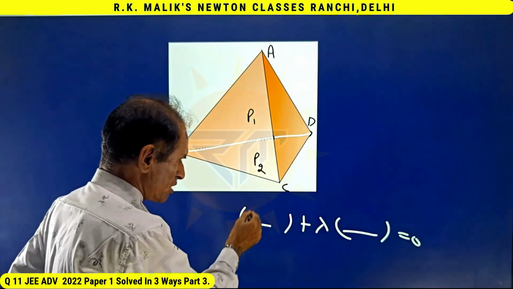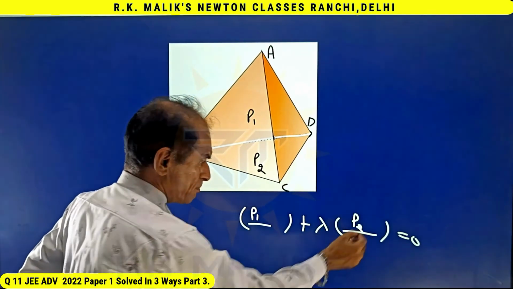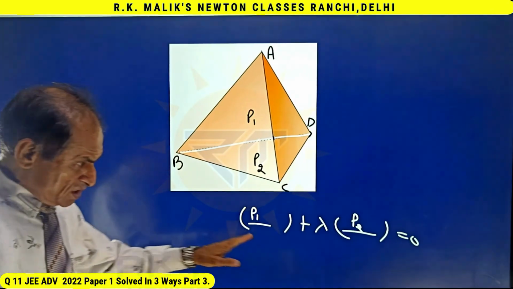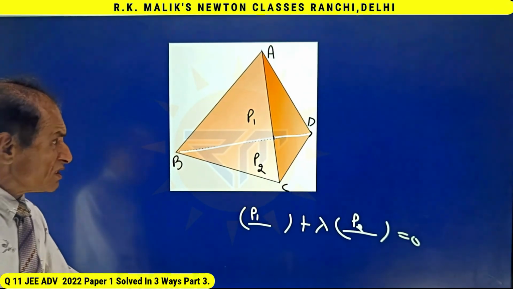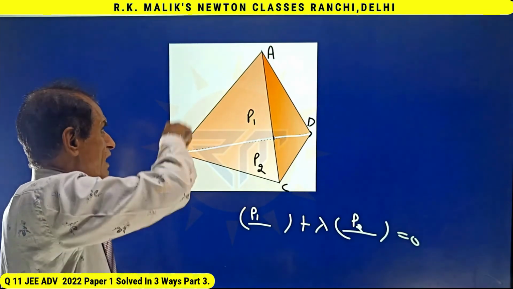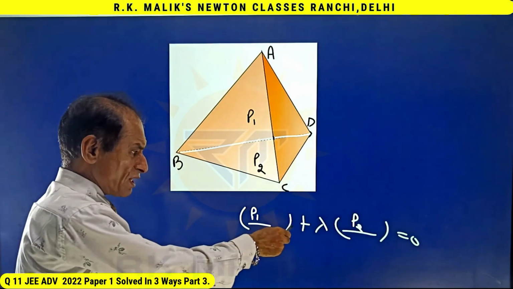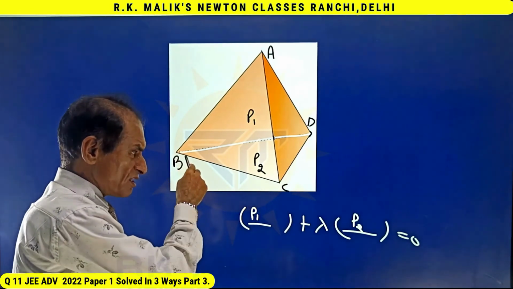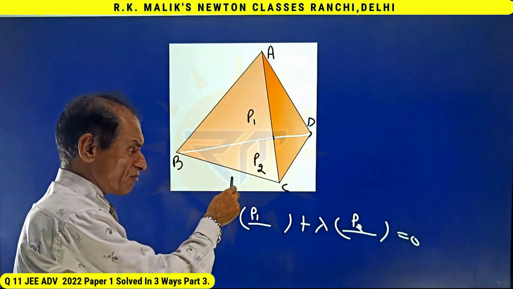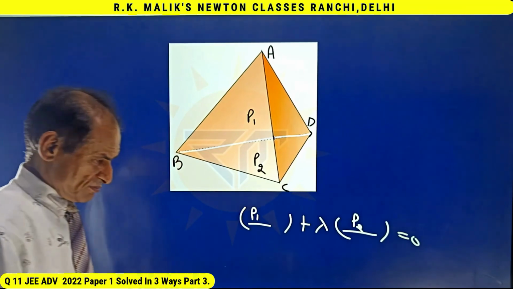In this case, we have written P1 here and equation of the line P2 here. For this type of situations, if we find lambda equal 0, then the edge can be of the form AB or AD. If lambda is some constant upon 0 form, in that case, the given equation will represent the edge as BC or CD.